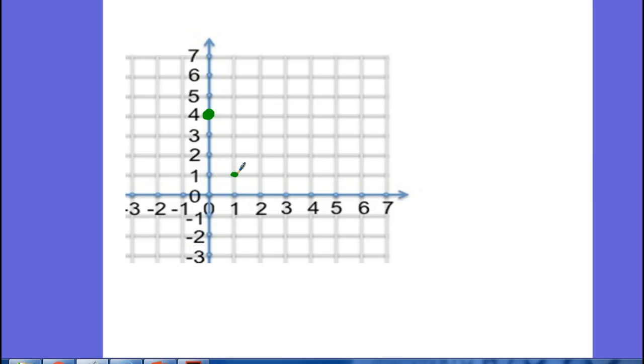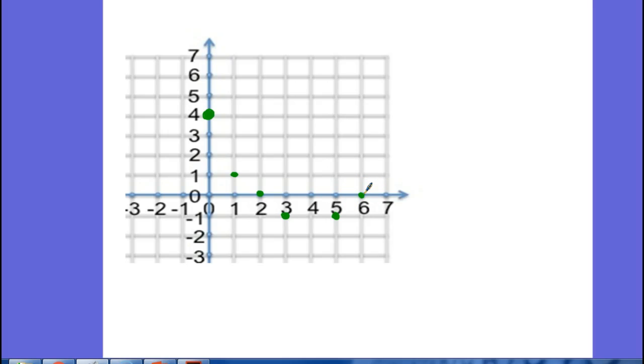At C, which is 2, the slope was 0. Point D is at 3, which is -1. Point E is at 5, which was also -1. Point F is back at 0, and that was at 6.